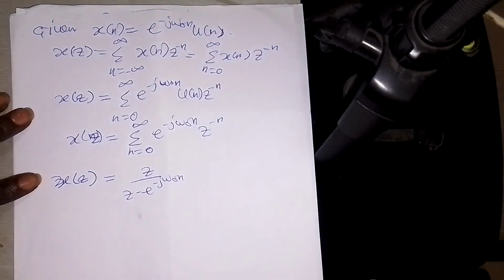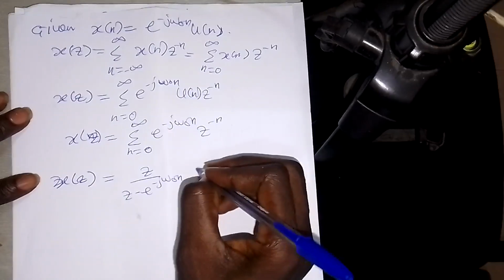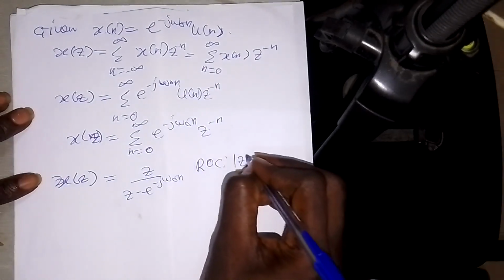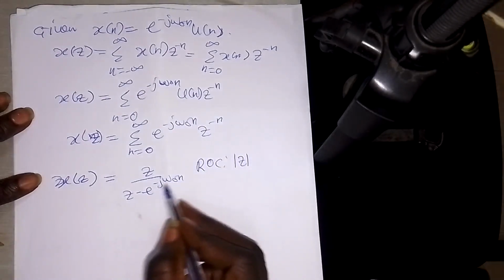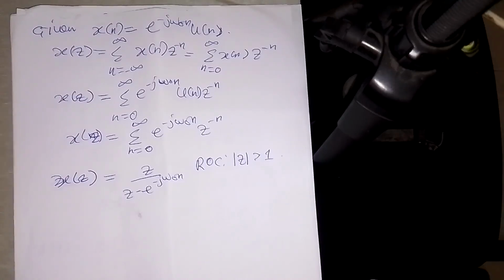Okay, so this is the Z transform for this particular one. And then our ROC is going to be mod z, this value is 1, greater than 1. So that's how you solve it.